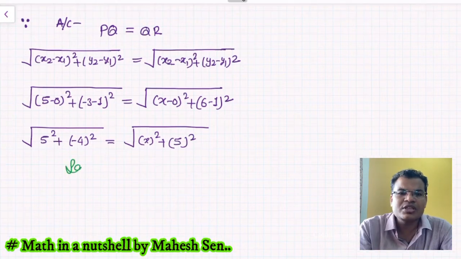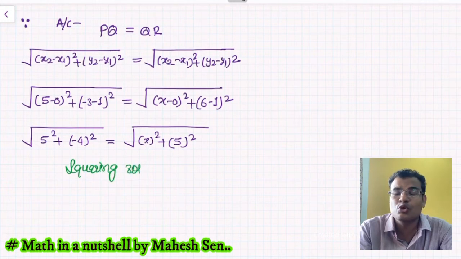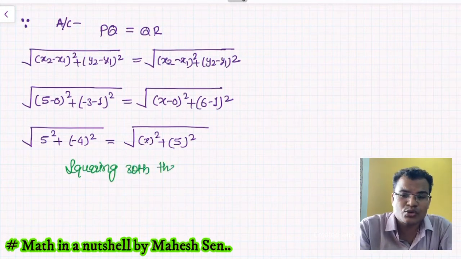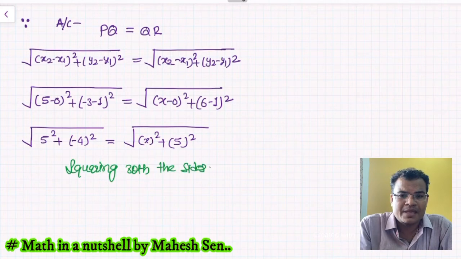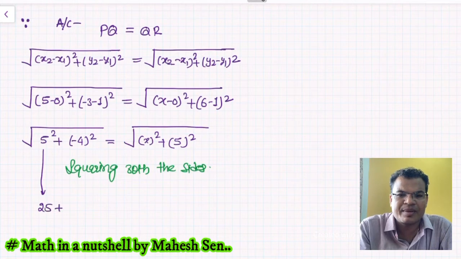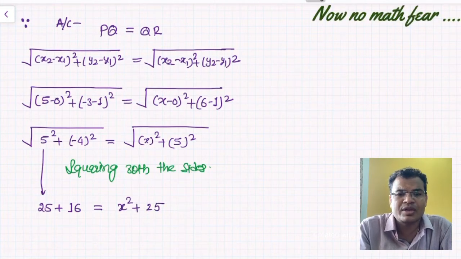The square root sign is there on both sides, so I can do squaring on both sides so that the square root sign will be removed. So 5 square is 25, plus minus 4 square is 16, is equal to x square plus 25. 25 and 25 are on both sides of the equal sign, so this will cancel.